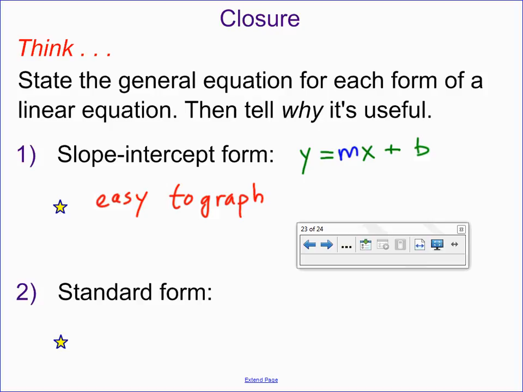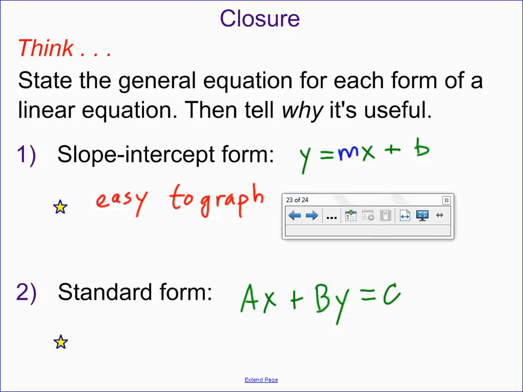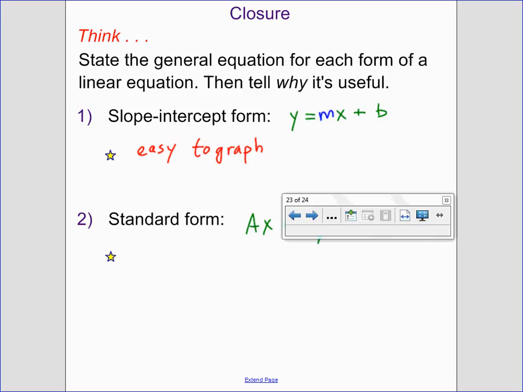Standard form looks a little bit different. So what does standard form look like with letters? Caitlin? Ax plus By equals C. Thank you. Where A, B, and C are integers, and A is going to be positive. And what is standard form useful for? What is standard form good for? Braden? Finding the x-intercept.